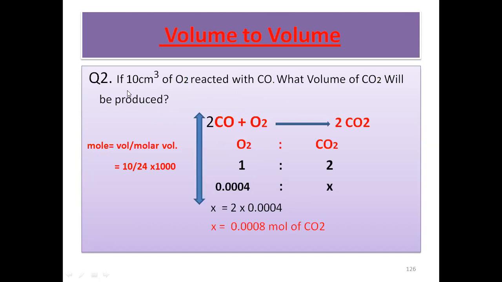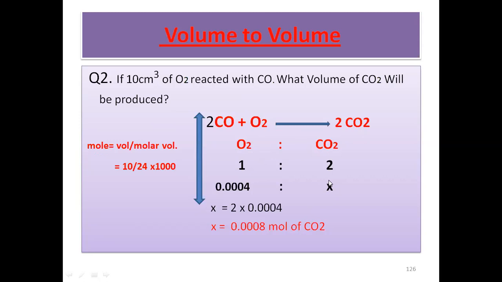Second example of this conversion: if 10 centimeter cube of oxygen reacted with carbon monoxide, what volume of carbon dioxide will be produced? 2 moles of carbon monoxide plus 1 mole of oxygen forms 2 moles of carbon dioxide. Here we have a stoichiometric relation between oxygen and carbon dioxide. Oxygen ratio carbon dioxide, 1 mole of oxygen and 2 moles of carbon dioxide, both taken from the balanced chemical equation.